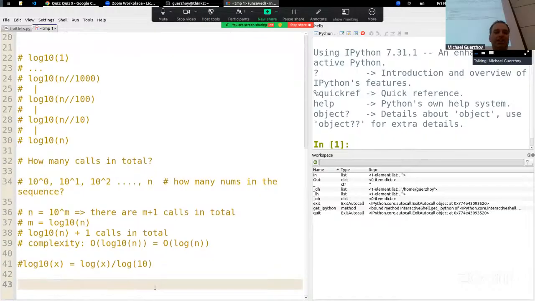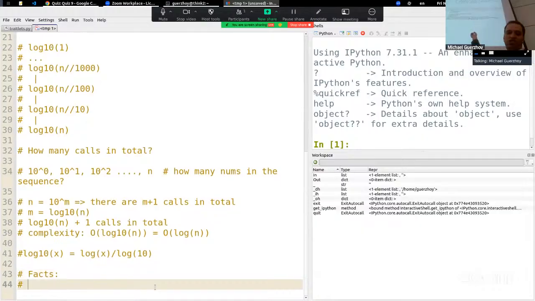So the facts are, and those are the facts that you need to know, what we had just said. 1, and then a to the 1, and then a to the 2, and so on up to n. This is approximately log base a of n steps, right? This is just what we had done just now.